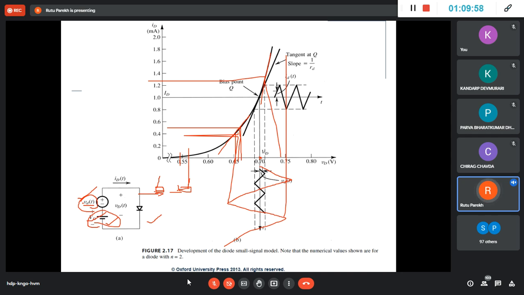So what you must understand is that the voltage that you want to process here must be a few millivolts, less than VT, of the order of VT, 25 millivolt. Just a few tens of millivolts is fine.